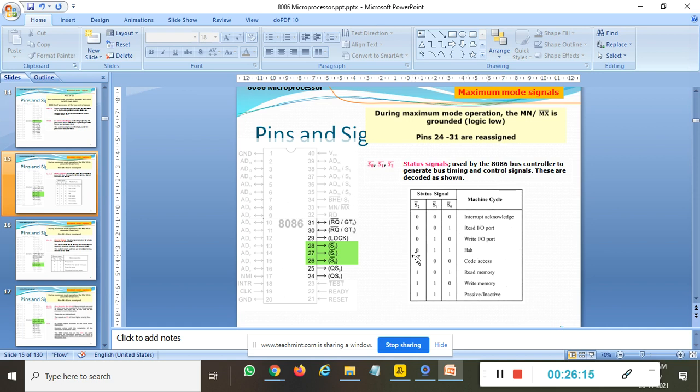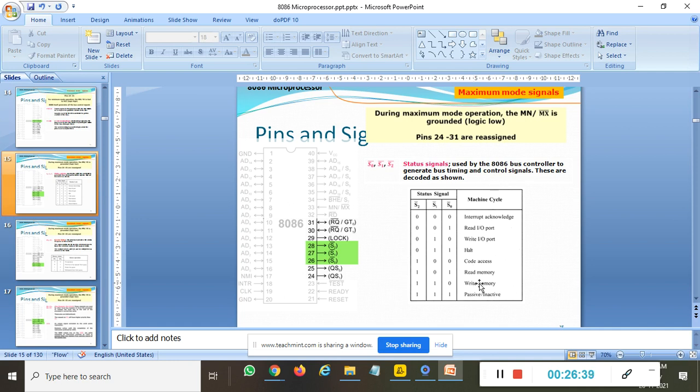And when both S1 and S0 values are 1 and S2 value is 0, then no operation can take place, and this is the halt. This is the halt, meaning execution of the program or the operation is stopped.